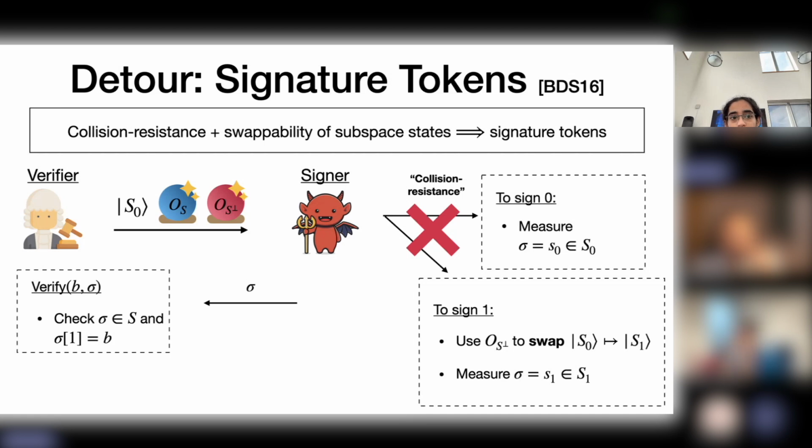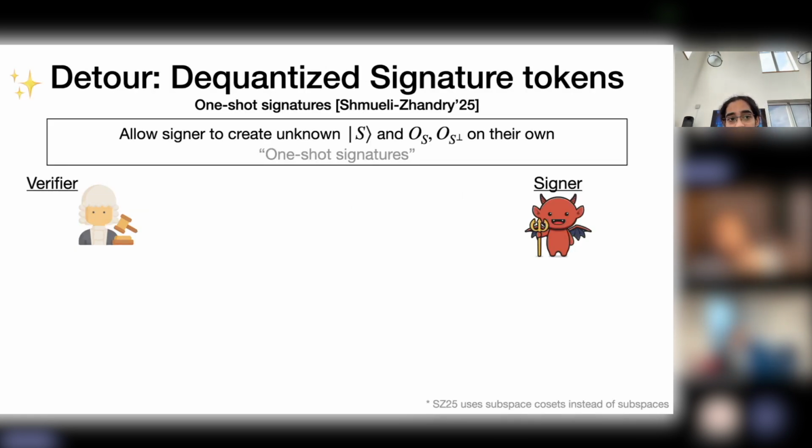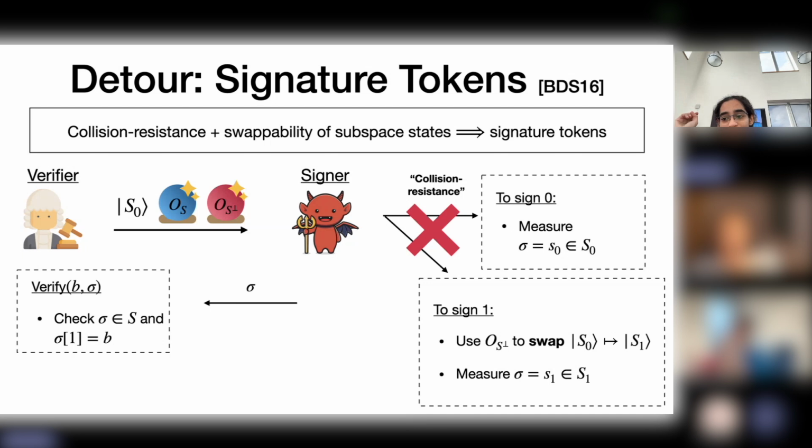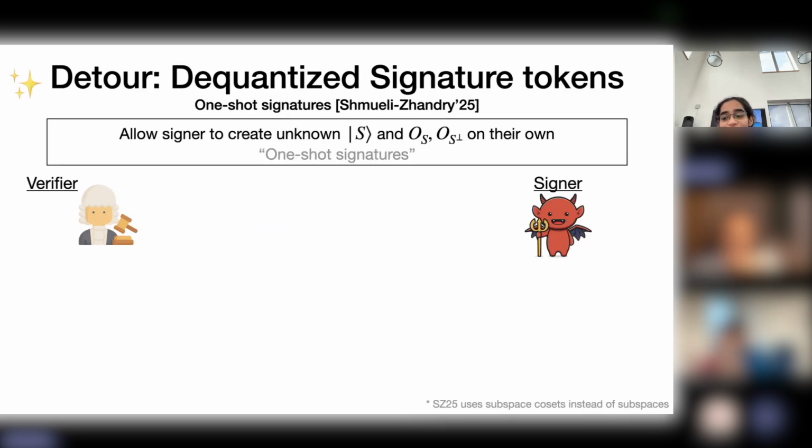Okay, so we got signature tokens from subspace states, and this is already a really magical primitive because it's not possible classically, but even more magically, you can dequantize signature tokens in some sense. What that means is that instead of the verifier actually sending the quantum state over to the signer, this primitive that's called one-shot signatures allows the signer to sample its own unknown subspace along with the oracles.